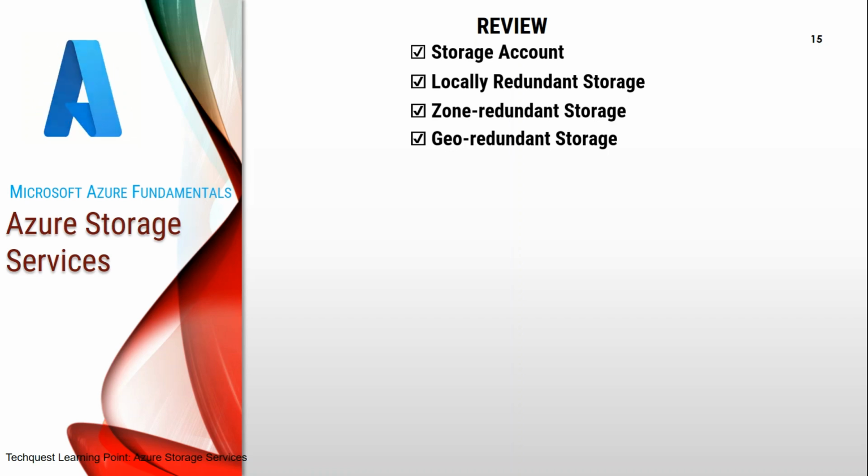It then copies your data asynchronously to a single physical location in the secondary region, the region pair, using LRS. Geo-zone redundant storage. GZRS combines the high availability provided by redundancy across availability zones with protection from regional outages provided by georeplication.